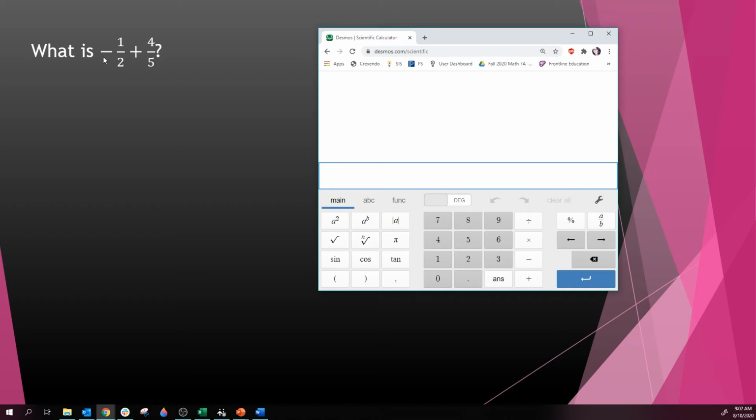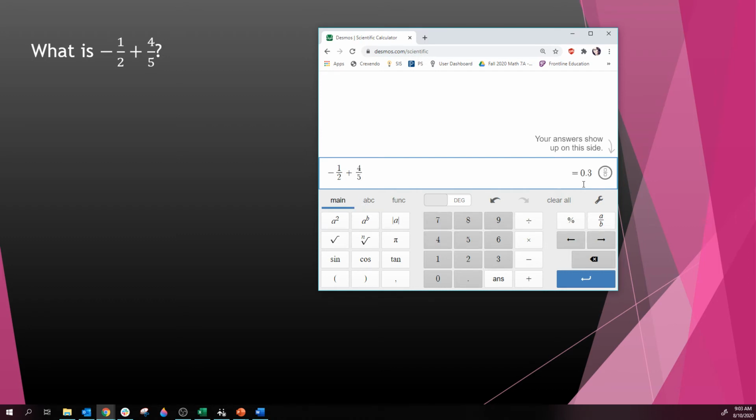So for our negative sign, because there's that negative, I'm going to do a minus. I'm going to hit this button here, this A over B, which is going to give me that fraction, so I can type in 1/2. Now this next step is very, very important. You need to make sure that you either click in front of your fraction to move your cursor up or use your right arrow key. Then we are going to do plus, my fraction again, and 4/5.